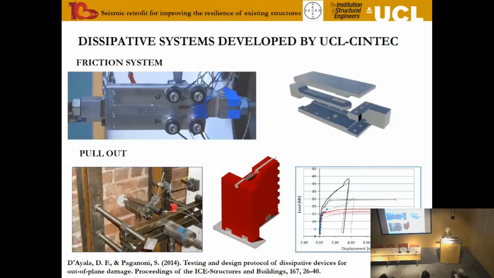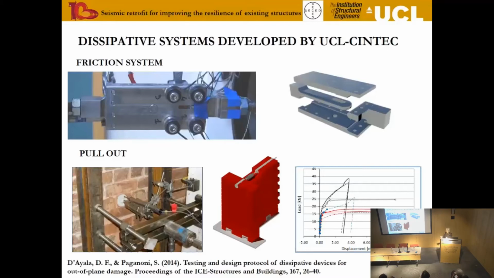This is the dissipative device, and these are some of the tests, just pull-out tests that we have performed to determine the level of ductility that we can gain. So these are anchors that have failed without the device, and anchors that instead we can make work with the device.